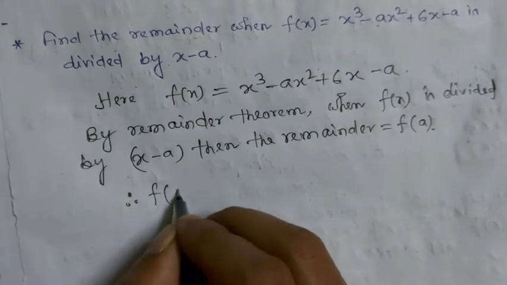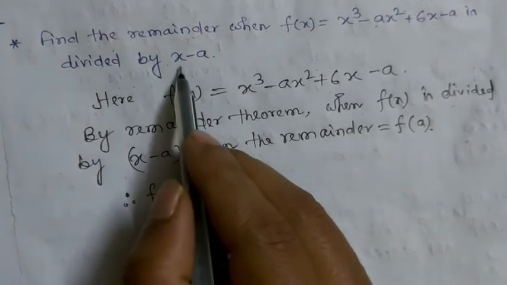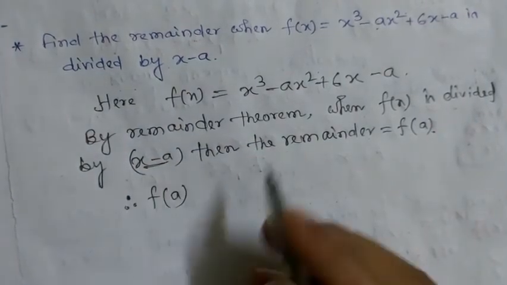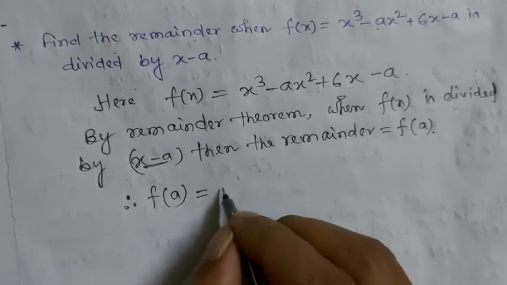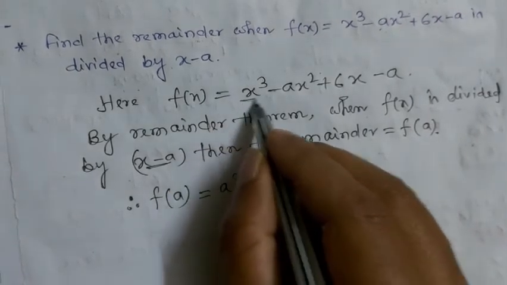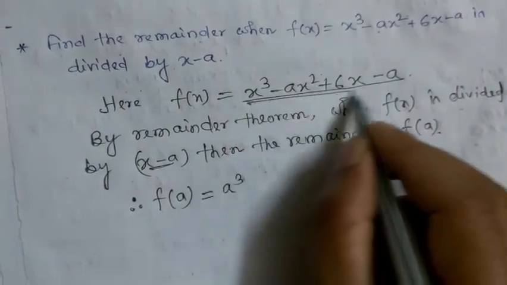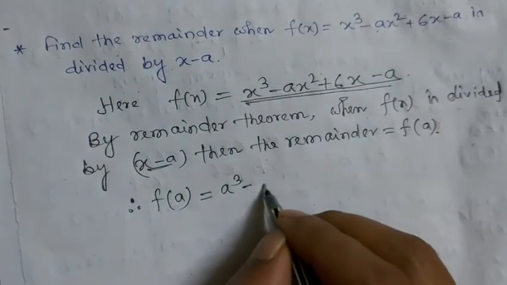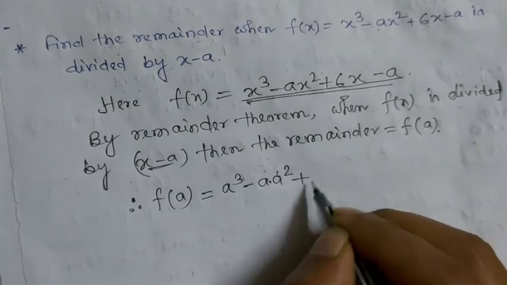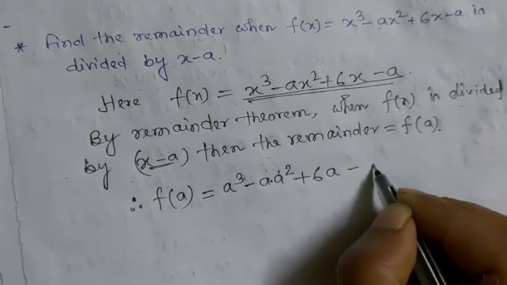Therefore f of a: in place of x we write a, so a cube minus a into a square plus 6a minus a.